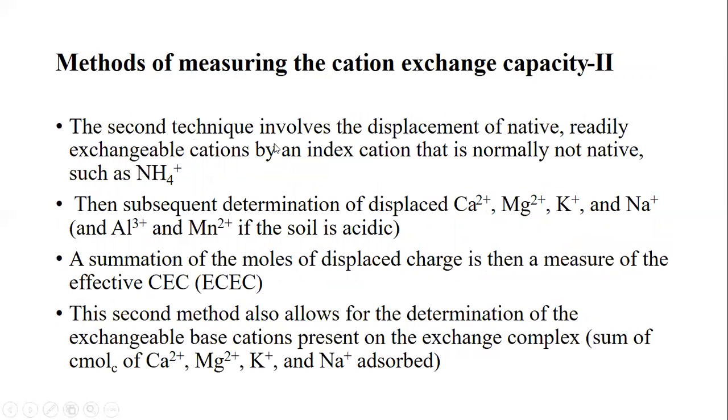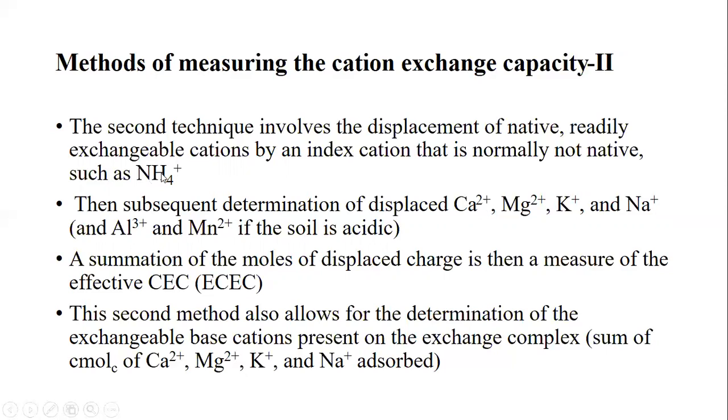The second technique involves the displacement of native readily exchangeable cations by an index cation that is normally not native, such as ammonium. So in this second method, we also remove all the cations, but by an index cation, that means an ion we know and we choose, like ammonium.